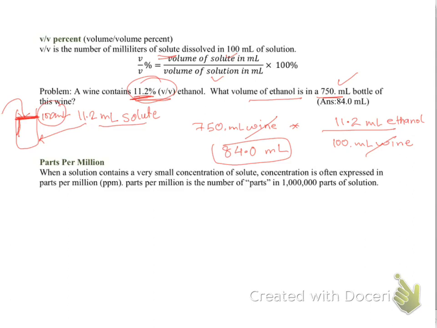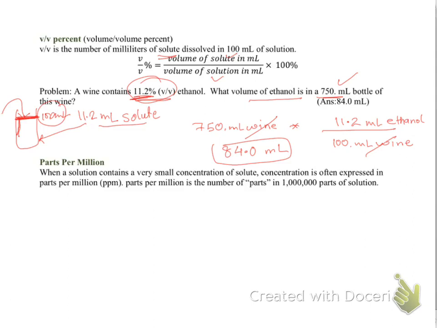The next one is parts per million. Now this parts per million or parts per billion, we use these two ways of the concentration when the solute is present in a very small amount.